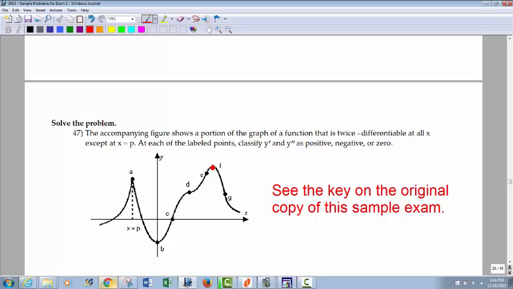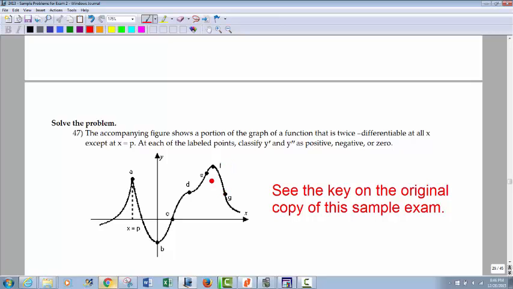Come to the top of F. We have a horizontal tangent line, so f prime of F is 0, and we are right in the middle of a concave down interval, so f double prime of F would be negative.